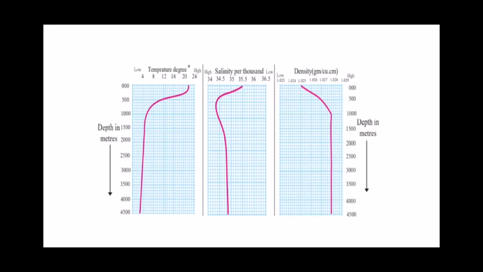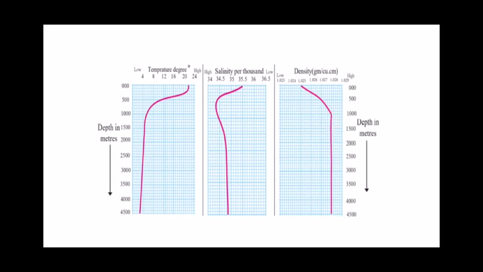The slopes of the curves of the graph are varying for all the three factors. Everywhere you can see it is different. Even in salinity you can see it is varying, and even in the density part.